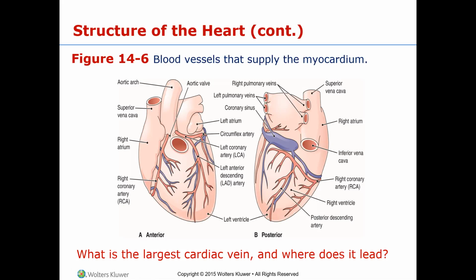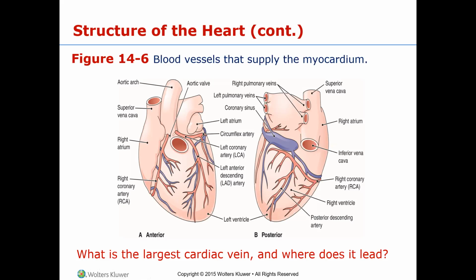Well, some of that blood is going to leave by means of the right coronary artery and the left coronary artery, branching off of this aortic arch, and it's going to supply the blood to the myocardium itself.